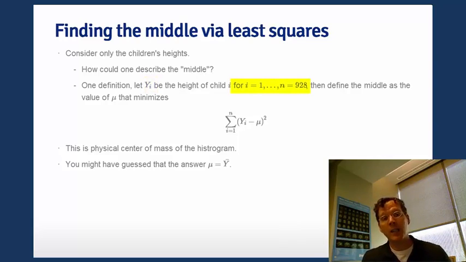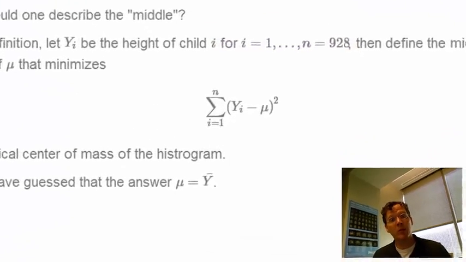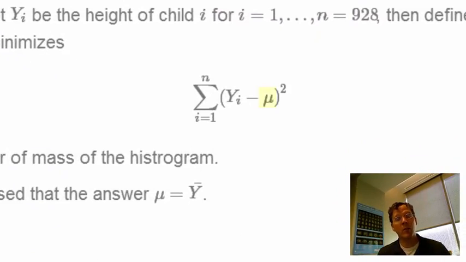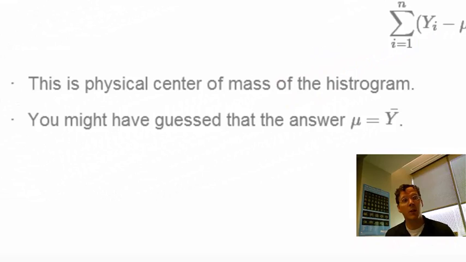My i index here goes from 1 to n, being 928 children in this particular data set. So the middle will be the value of mu that minimizes the sum of the squared distances between the observed data, the yi's, and this value mu. That's how we define the middle.